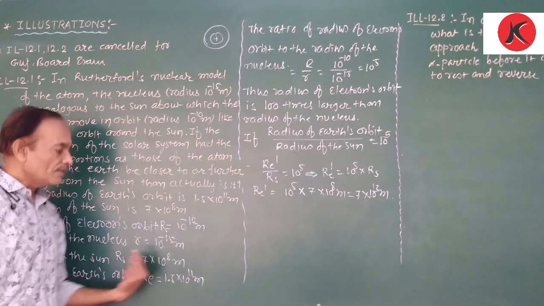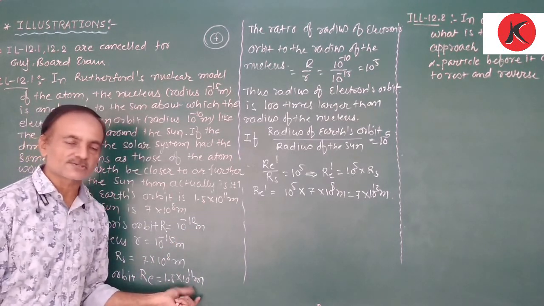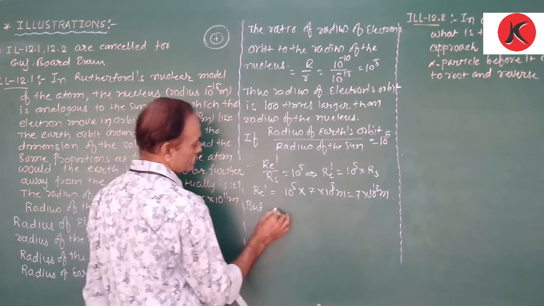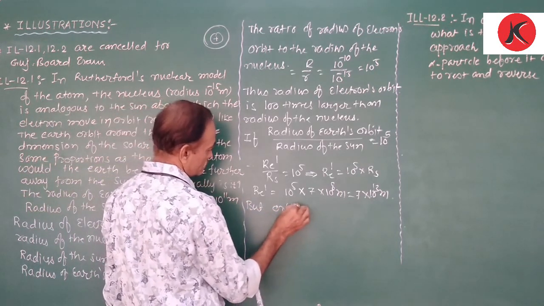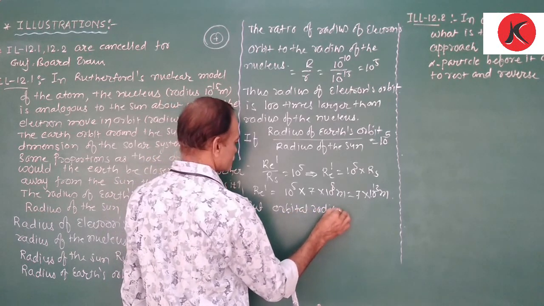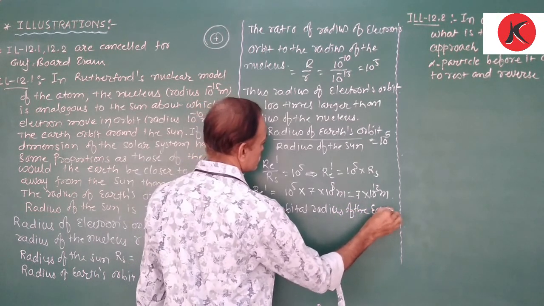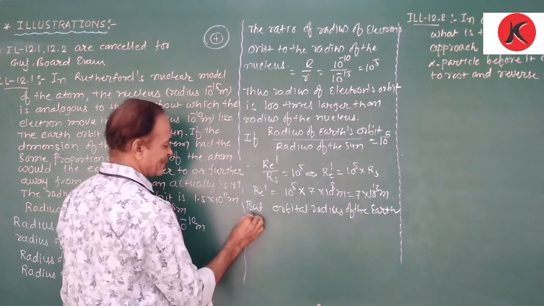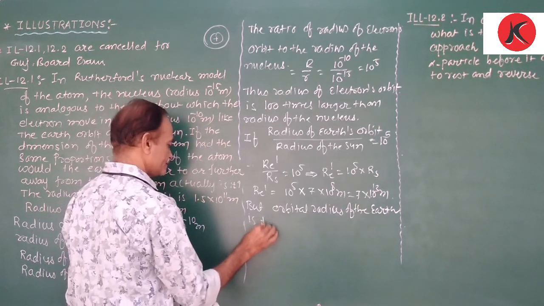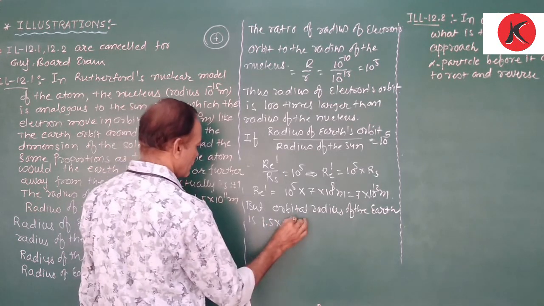But the orbital radius of the Earth is given as 1.5 × 10^11 meter.